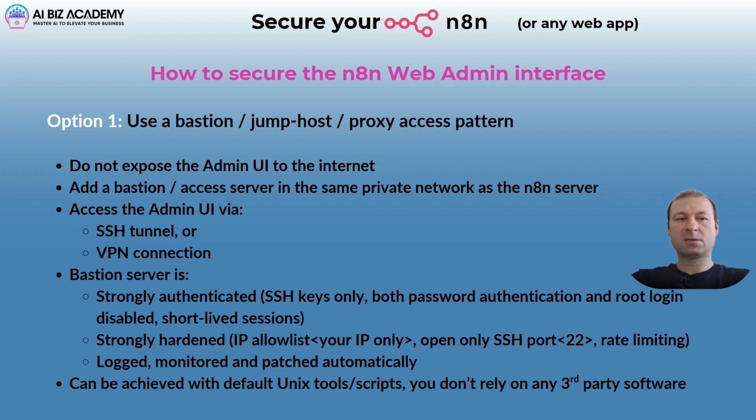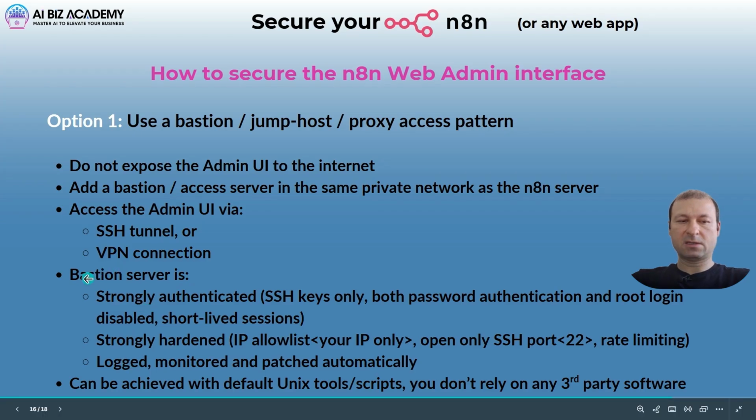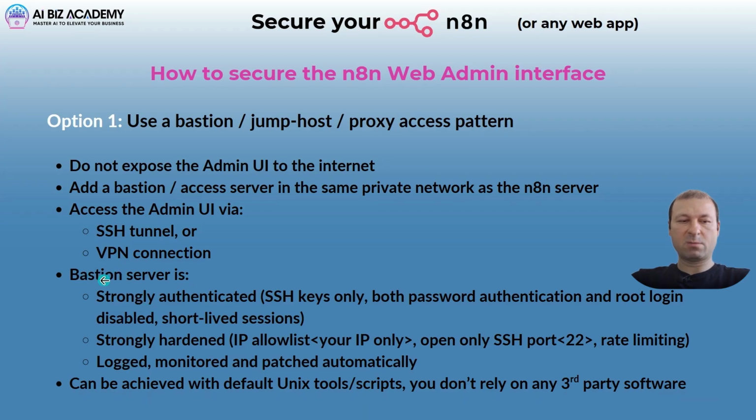That's 100% correct. That's why this option one is the first one, but is not the most secure. We have option two, we'll get into it in a bit, but still this Bastion access pattern is commonly used and it's still very secure because of the security measures in place set exclusively for the Bastion server.